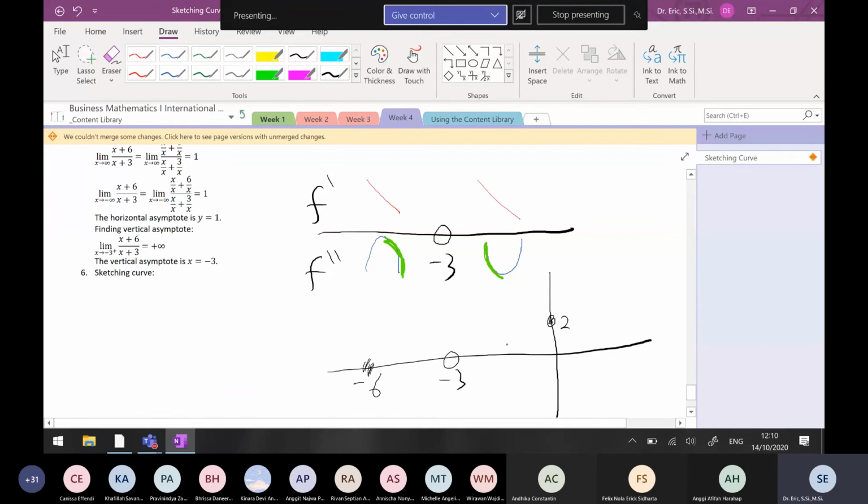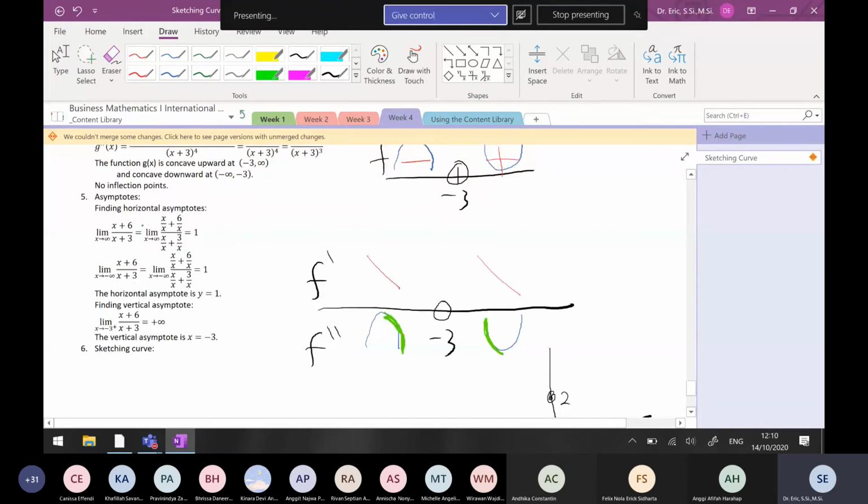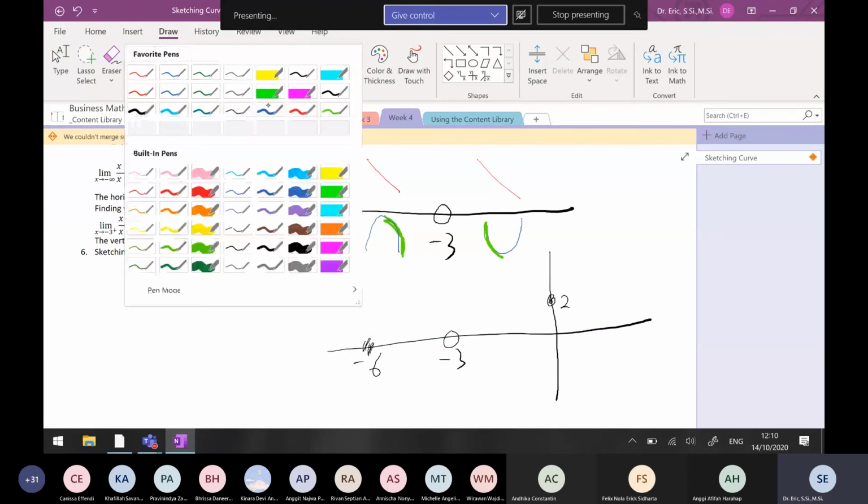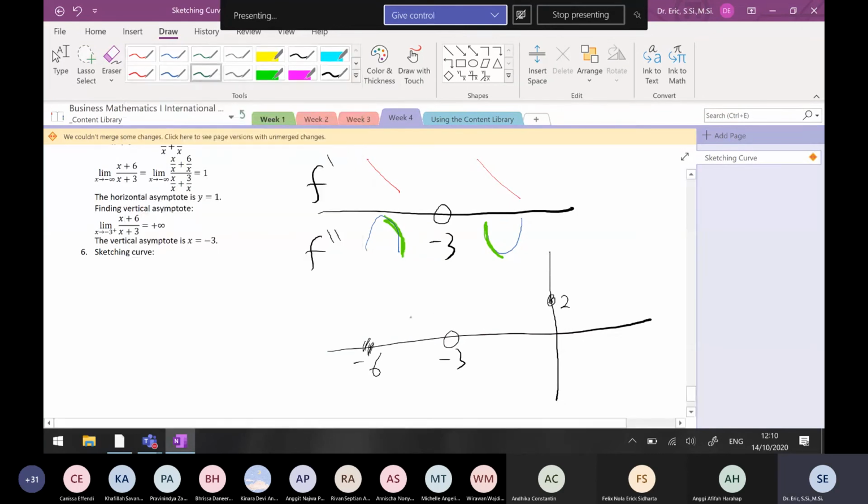This is -6. Okay, what is the horizontal asymptote? y equals 1. So this is the horizontal asymptote.